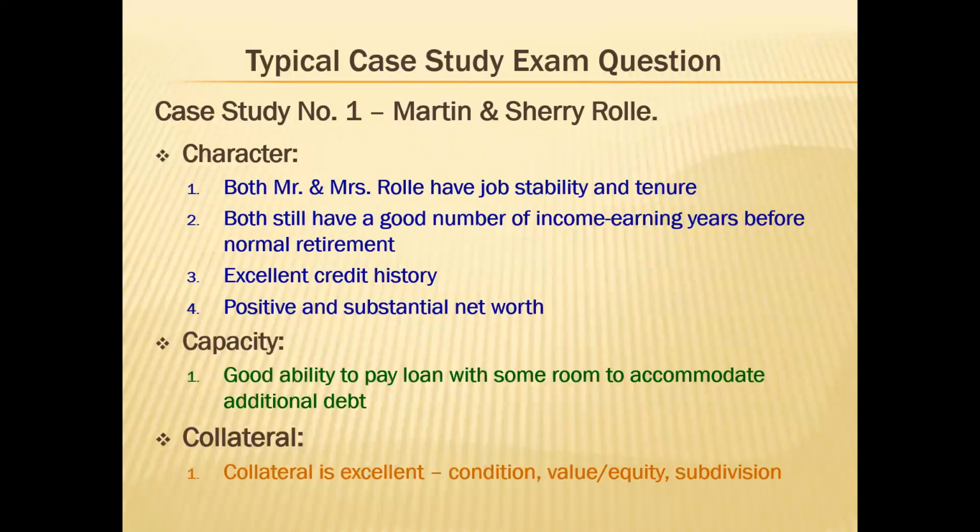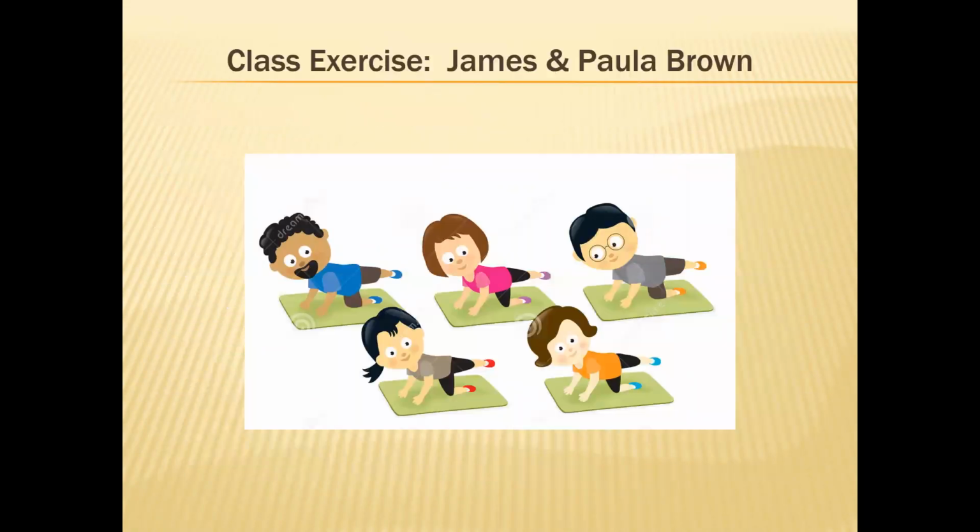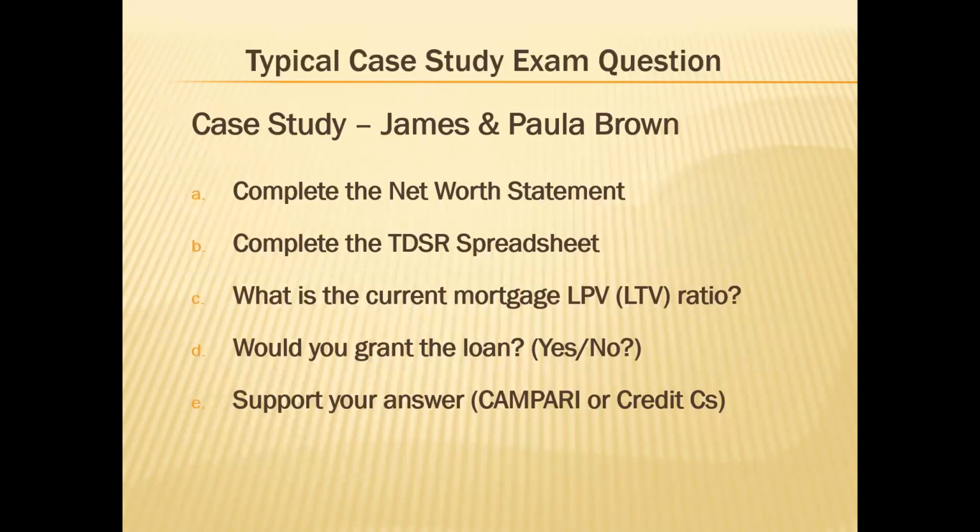Thank you, sir. Okay. So let's take a look again at James and Paula Brown. This time with James and Paula Brown, I've added 2 bits of information to it. You recall we did their net worth statement and the TDSR spreadsheet earlier.